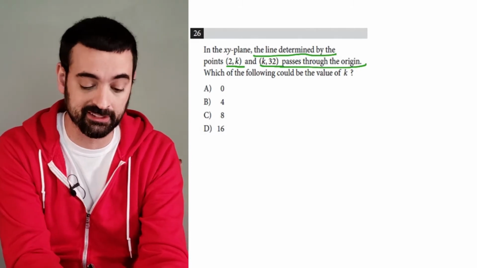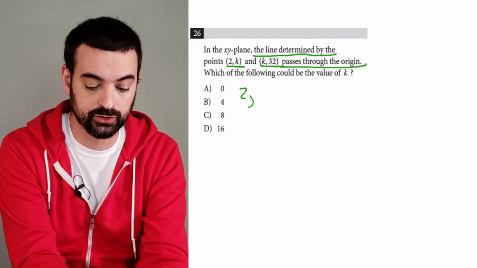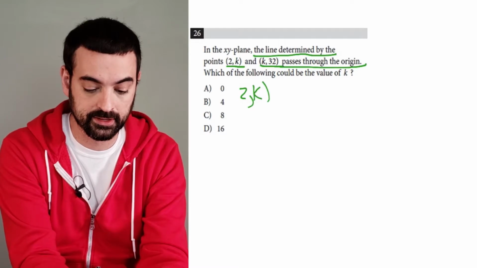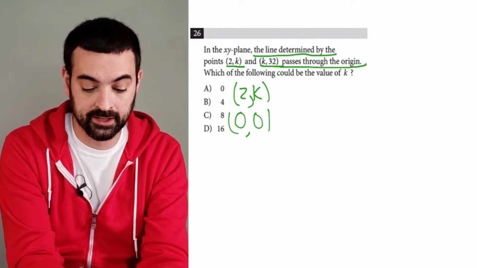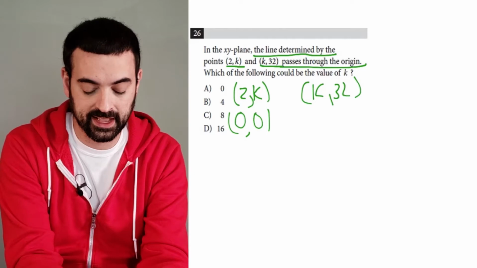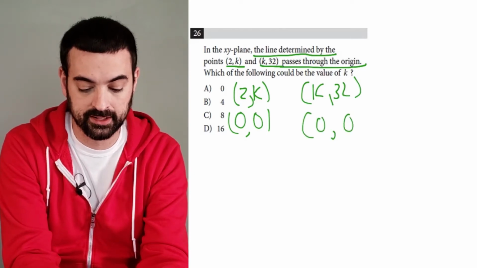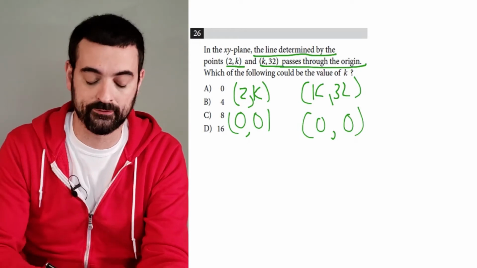Here's what we can say. The slope of the line can be determined by 2, k and 0, 0, or by k, comma 32 and 0, comma 0. We're going to use this information to solve for k.